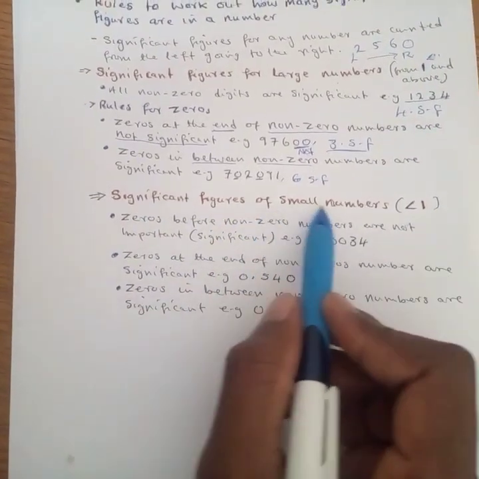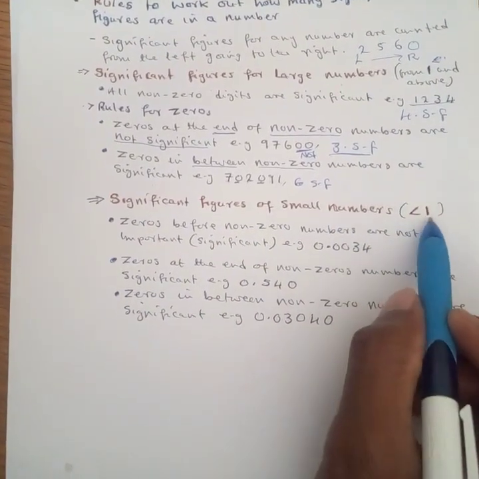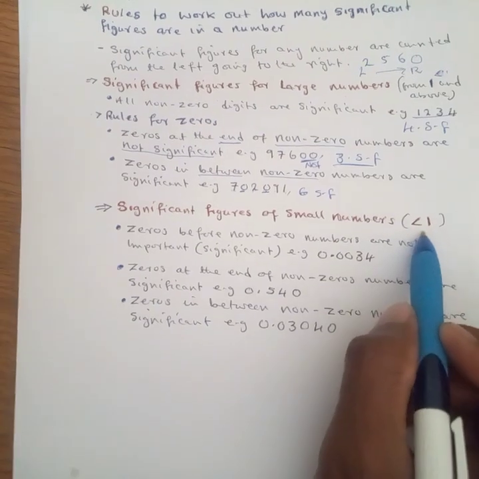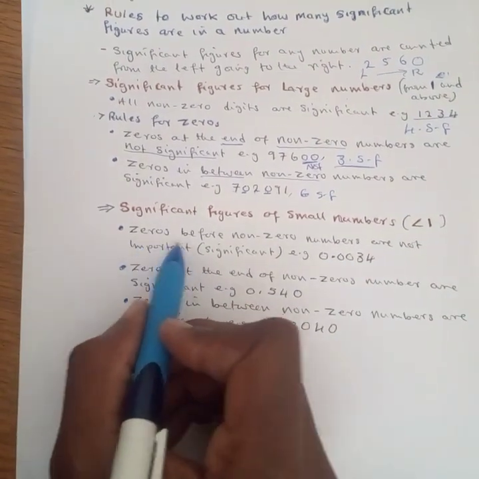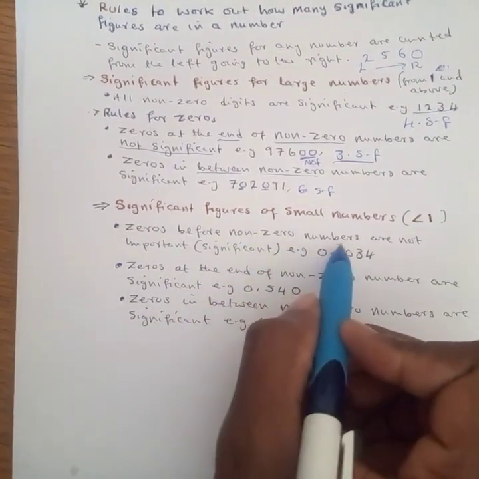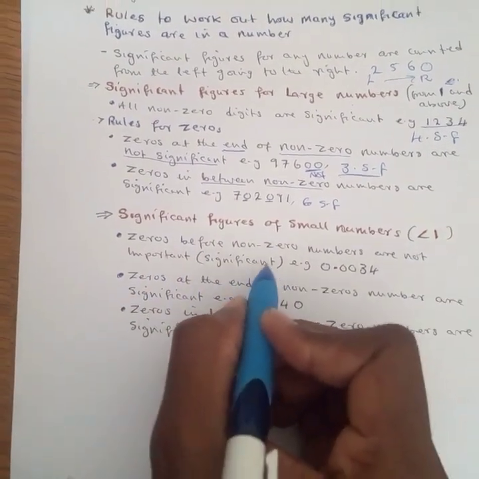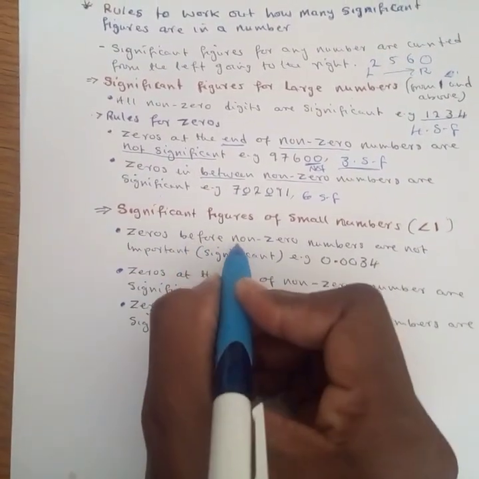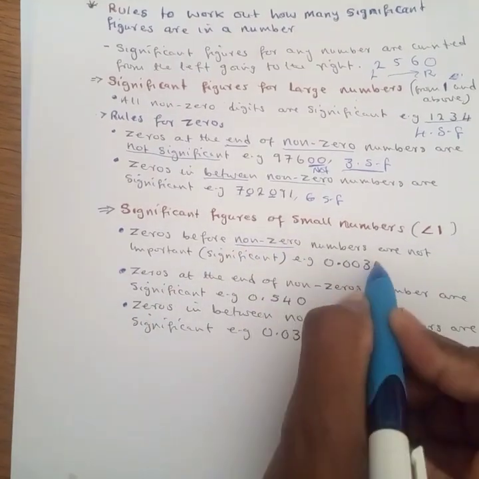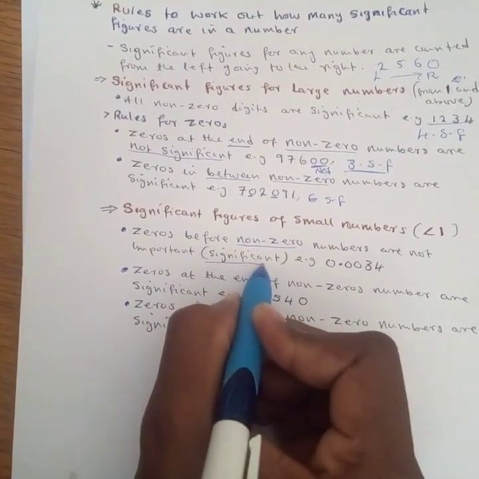Significant figures of small numbers, meaning less than 1. Zeros before non-zero numbers are not important, meaning not significant. So zeros before non-zero numbers are not significant.